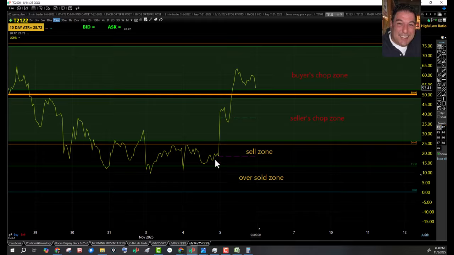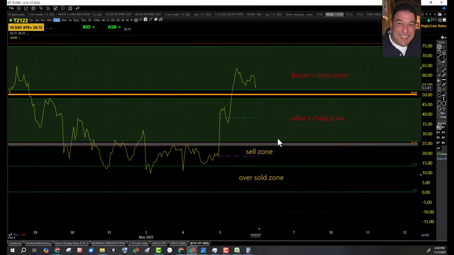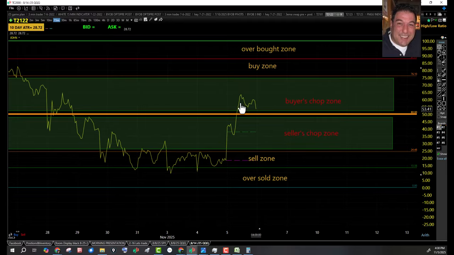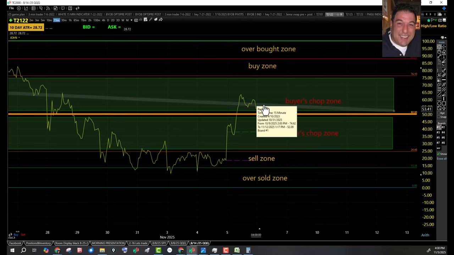So that's nice to see, as opposed to being in the oversold zone, which is exactly where I kind of expected us to be. Was in the sell zone, the oversold zone, or at least spending the whole day between the sell zone and the seller's chop zone. So nice work on T2122, holding the higher ground up here in the buyer's chop zone.